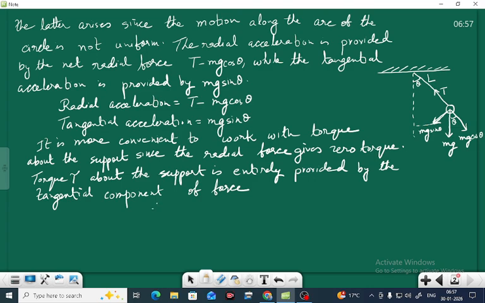Therefore, tau is equal to minus L into mg sin theta.